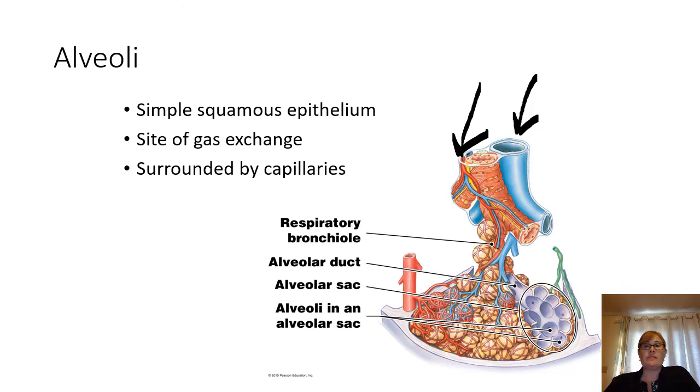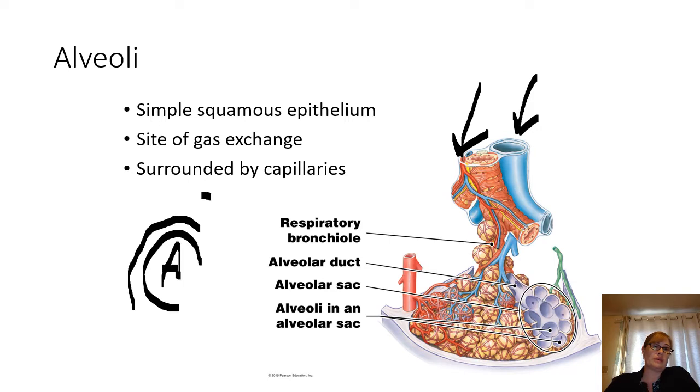So this is going to be made of simple squamous epithelium so that there's a single wall. The alveolus is a single wall, and then the capillaries are also a single wall. And so the capillaries butt right up against the alveolus, and exchange between the two is very easy because they're both one layer.